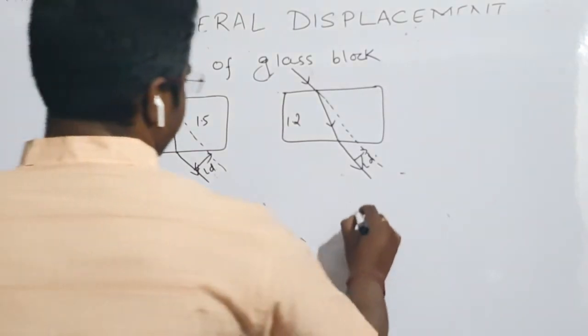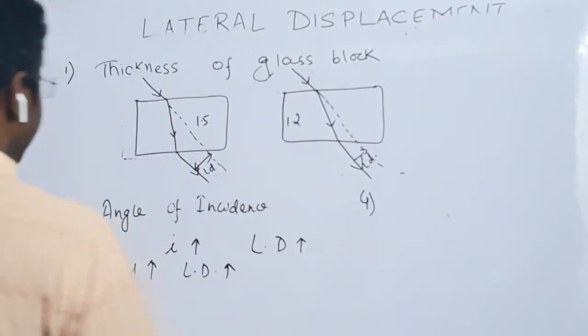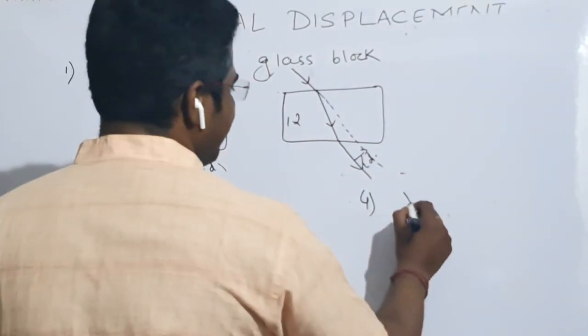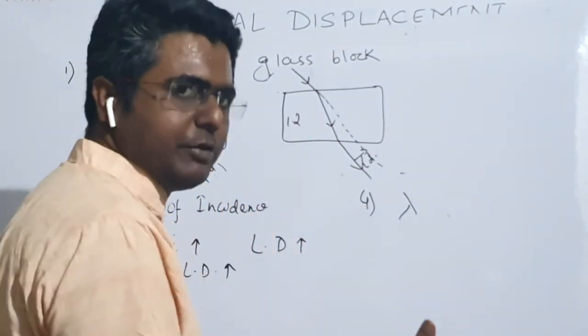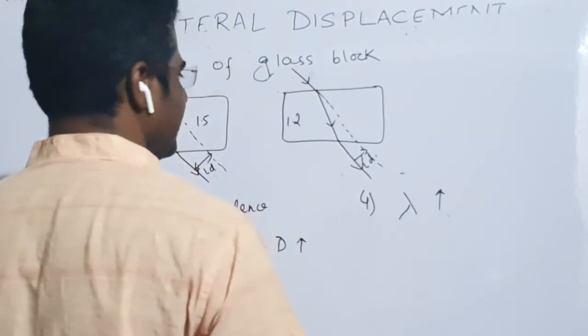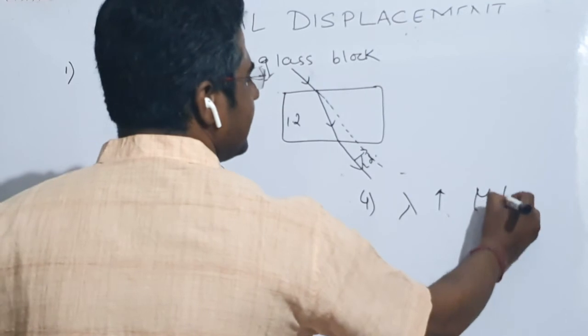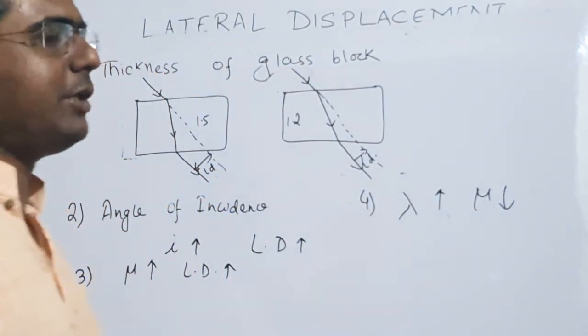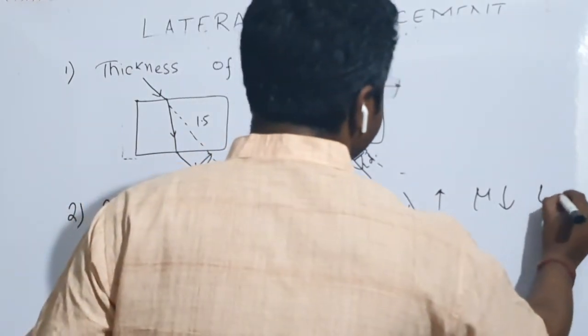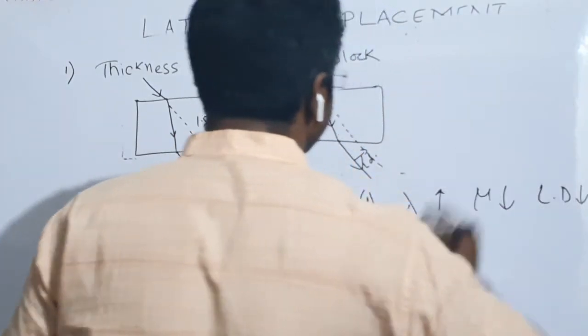Next is color of light. See, color of light directly affects the refractive index. Color of light is a function of wavelength, we know. So if the wavelength increases, then what happens? Refractive index, we have already studied this, decreases. If the wavelength increases, refractive index decreases. If refractive index decreases, then lateral displacement also decreases.